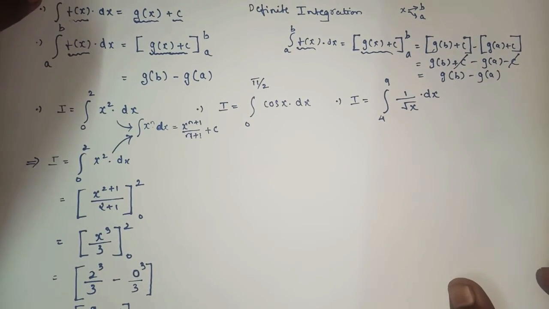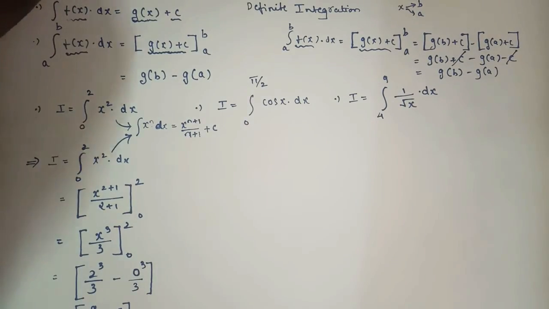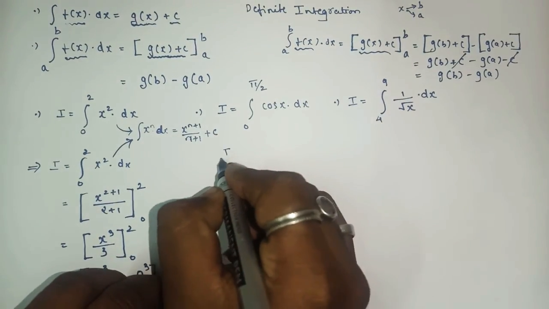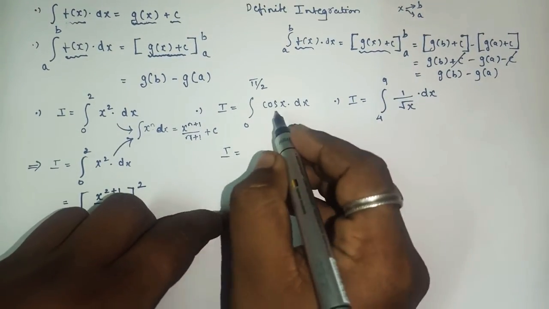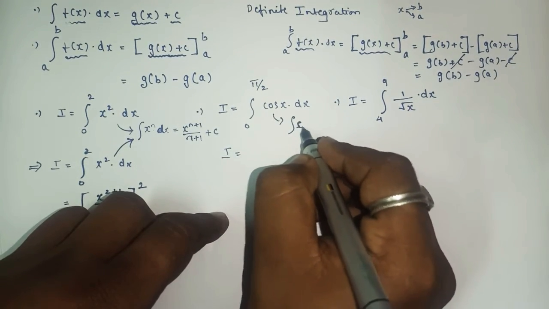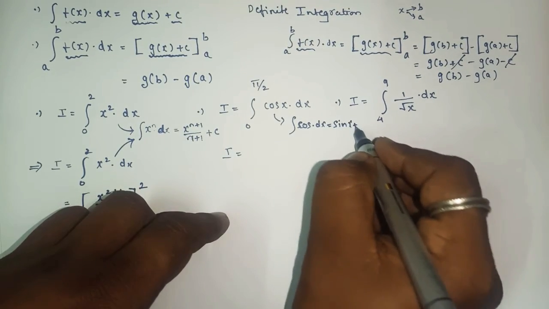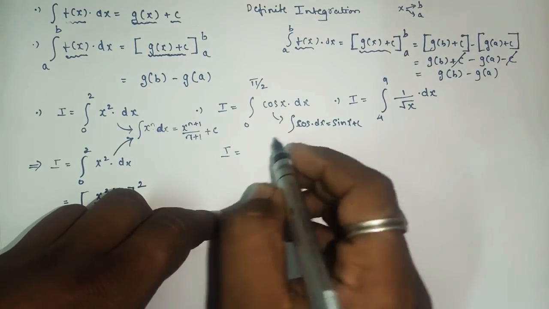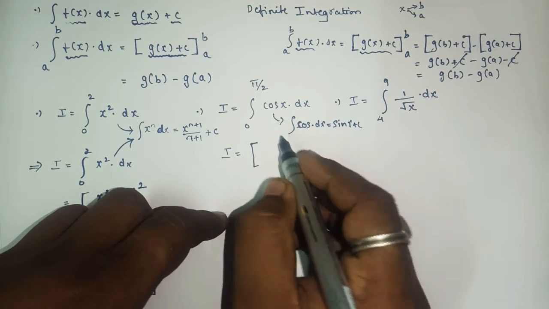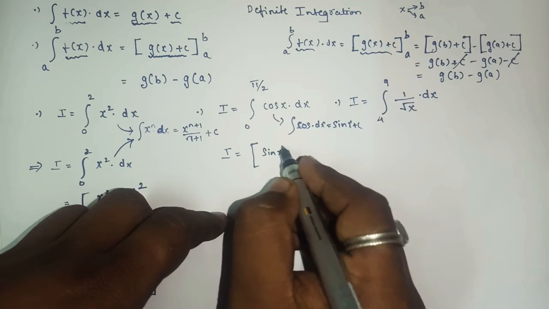Here we have I equals the integral from 0 to pi by 2 of cos x. So I equals, we will integrate this part. Integration of cos, so we know that integration of cos is sin x plus c. Here no need of writing plus c, so we directly write integration of cos x with respect to x is sin x.